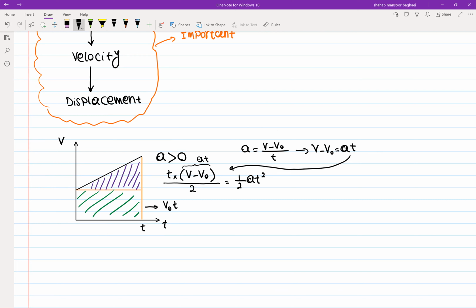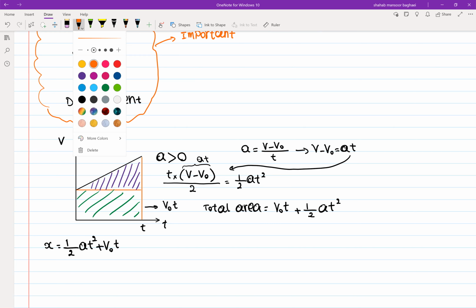The area of the green part is V0T. Therefore, the total area is the green part V0T plus the area of the purple part, half AT square. And I told you, the area under the graph of velocity is the displacement, which is x. Therefore, x equal to half AT square plus V0t. Very important.